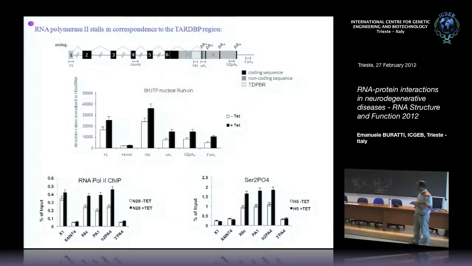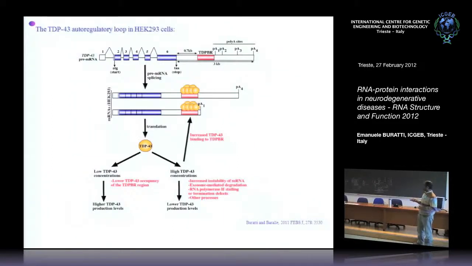And in the last year or so, very briefly, what we did was to try and refine this model a little bit, and see exactly what the consequences of TDP-43 binding to this region are.